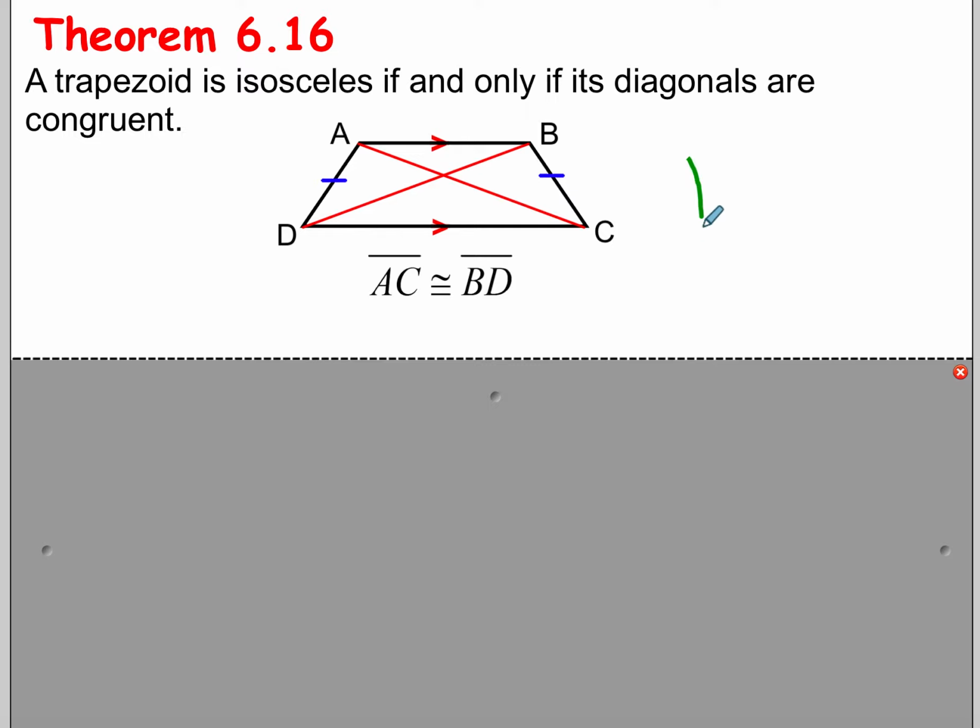If I draw a rectangle like this, it's a poorly drawn rectangle, but you get the idea. That rectangle, even though they're not drawn, has diagonals, okay? So what this theorem is saying, theorem 6.16, is that any isosceles trapezoid, when the legs are congruent, the diagonals are congruent as well.